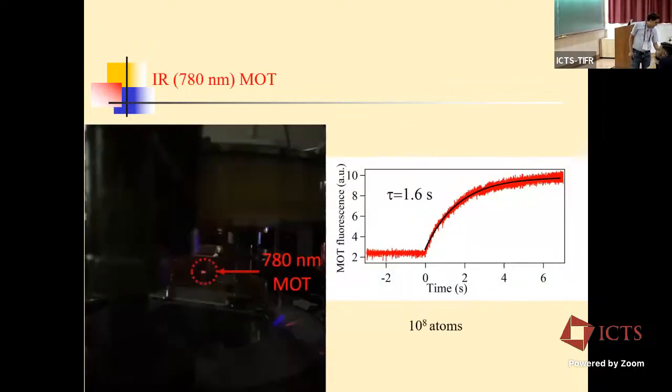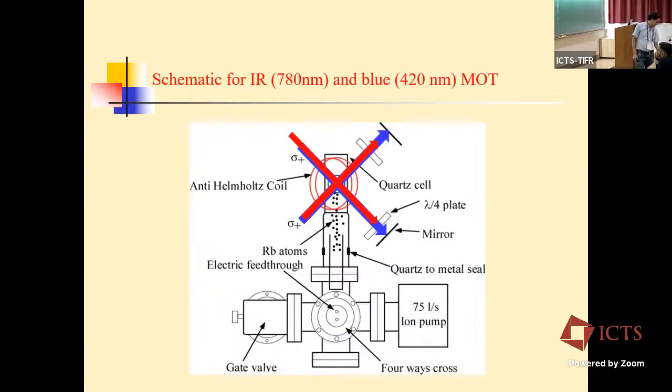And what did we do? First, we load the 780 nanometer laser, and you can see from here the 780 MOT is visible. The typical loading time was 1.6, and the maximum number of atoms was typically 10 to the power 8. And then after loading the red MOT, we simply remove the red MOT beam, and then we had this blue MOT.